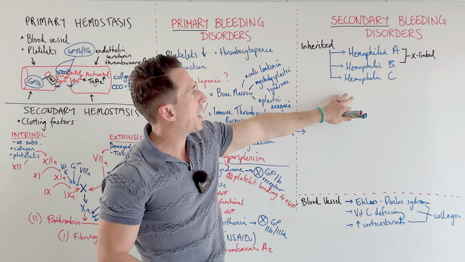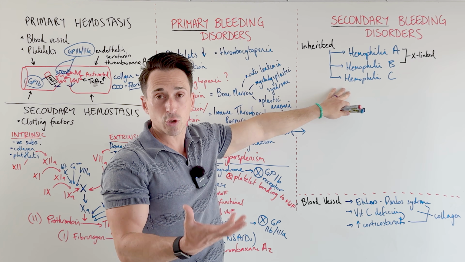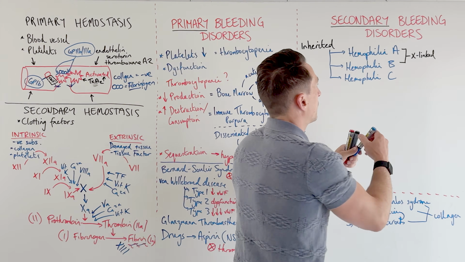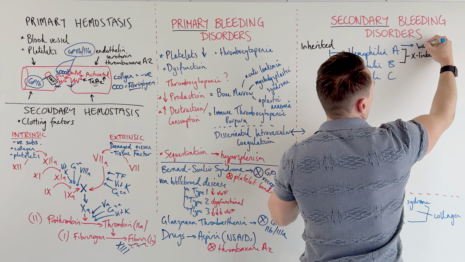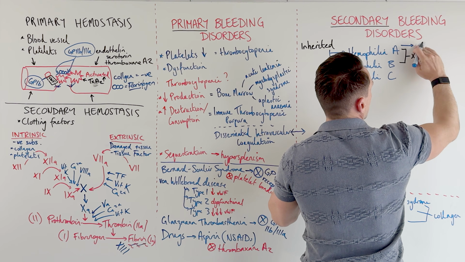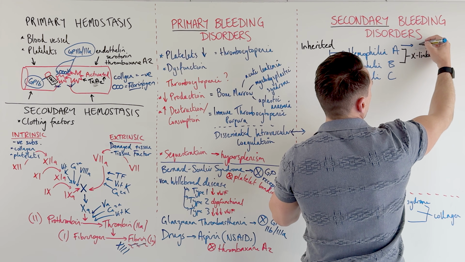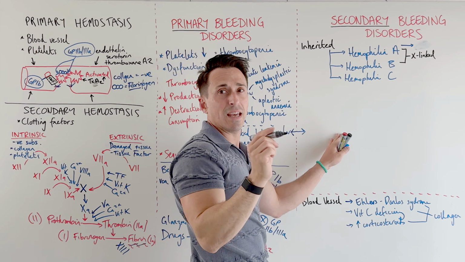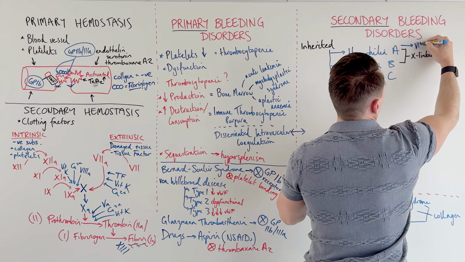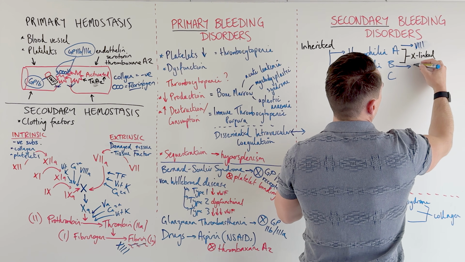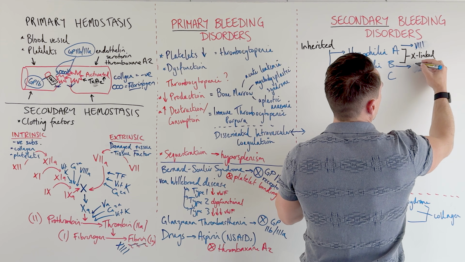B. And obviously, it's a bleeding disorder in which hemophilia A is a problem with factor 9. Whoops. Hemophilia A, is it a problem with factor 9? I've got to double check. Factor 8. Hemophilia A is a problem with factor 8. I needed to be correct.